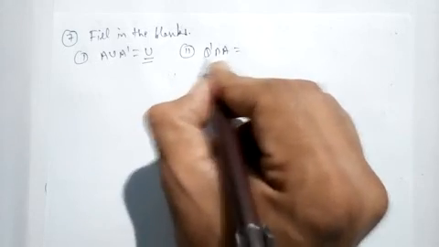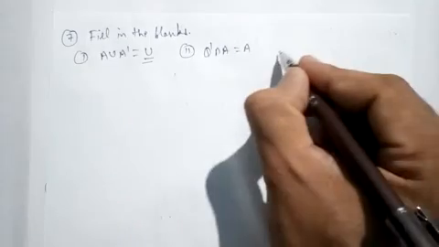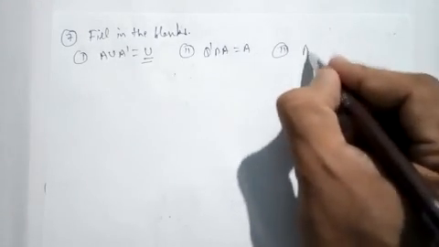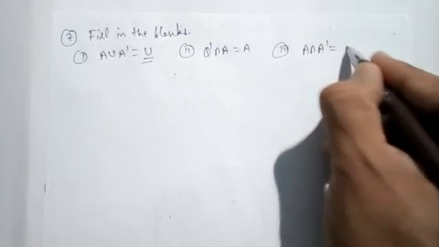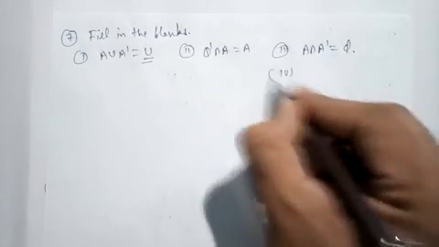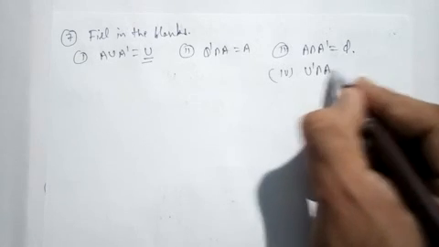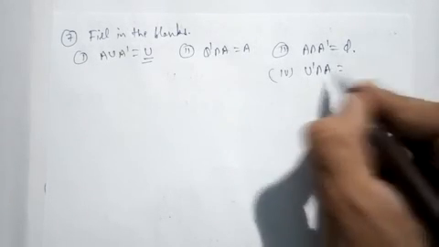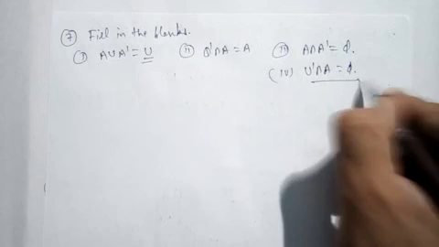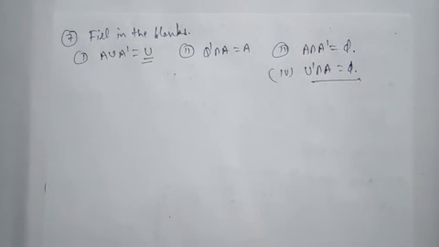U, and U intersection A is A. Third, A intersection A complement is phi. Fourth, U complement intersection A. U complement is phi. Phi intersection A is phi. Clear? So this is all about complement of sets.